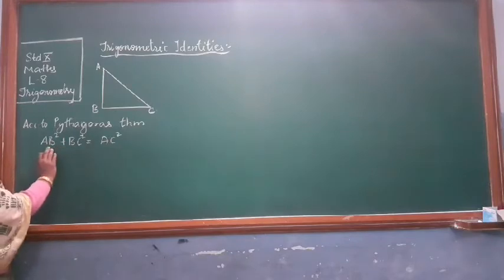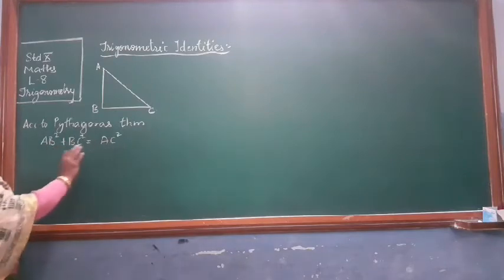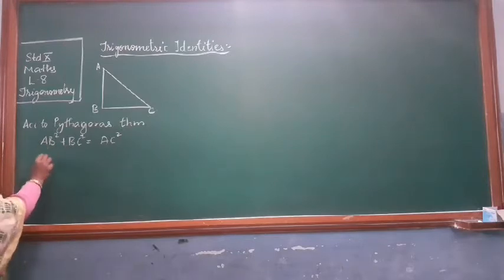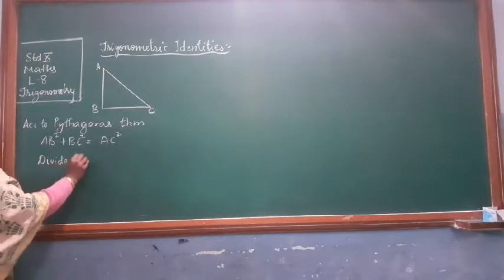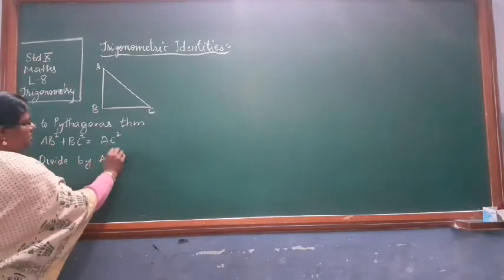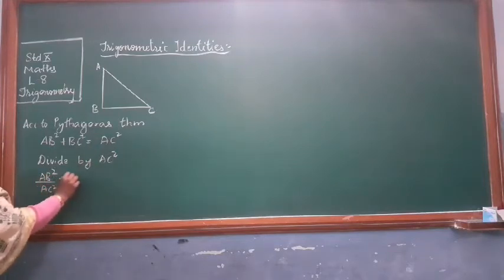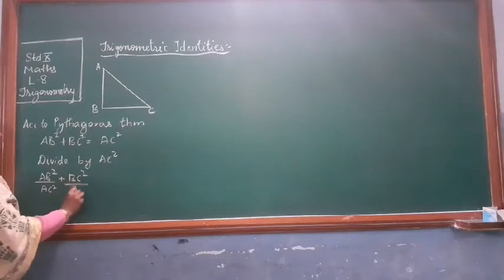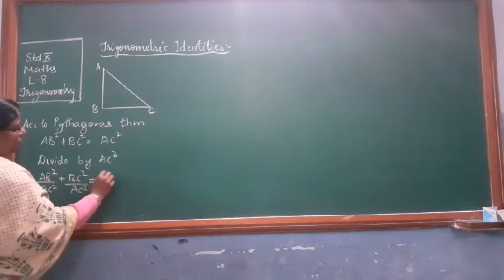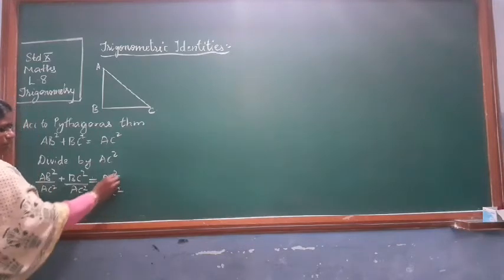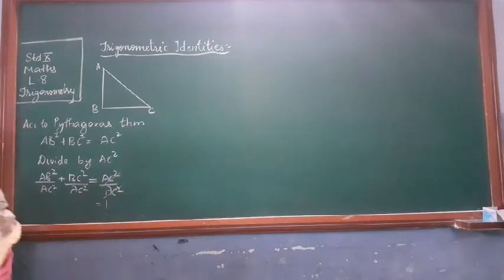Now, when I divide all these terms by AC square, so what do I get? I have AB square by AC square plus BC square by AC square is equal to AC square by AC square. AC square cancels, it becomes equal to 1.